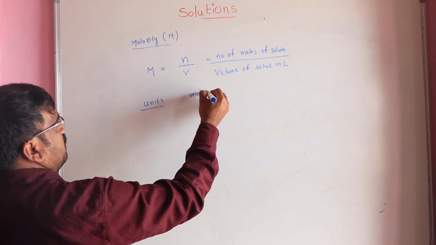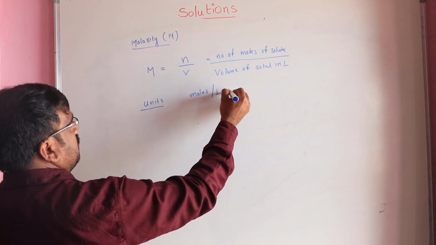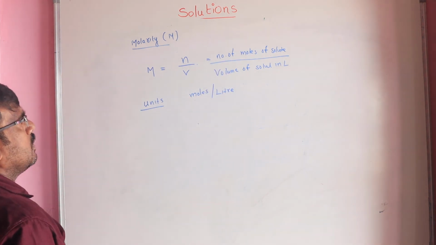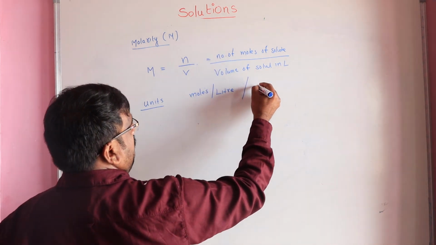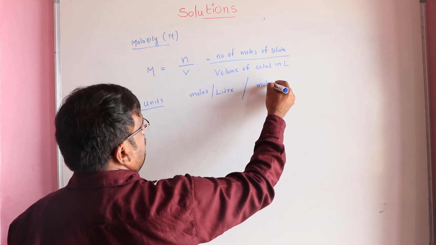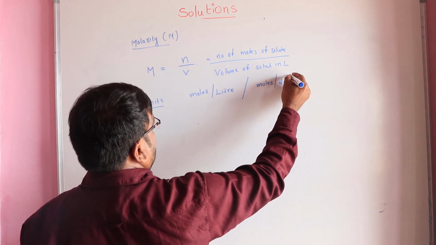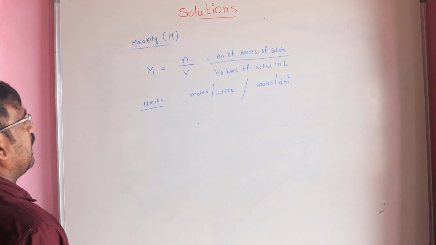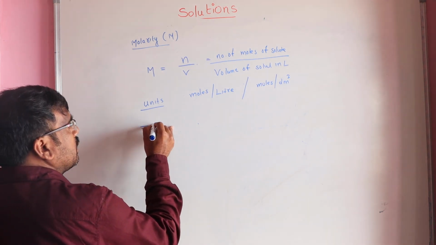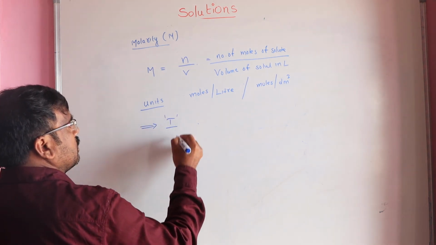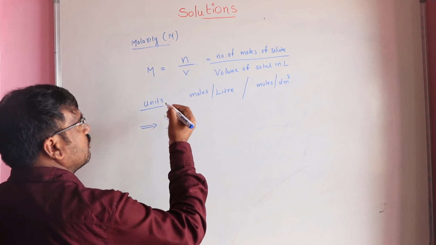What units do we use to express molarity? Moles per liter is the unit of molarity, or we can express it in moles per decimeter cube also. It depends on the temperature, because here we have a volume term.